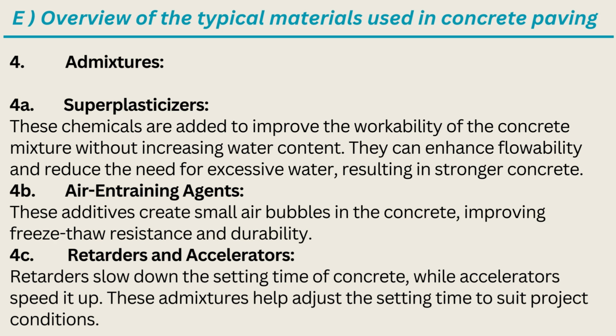They can enhance flowability and reduce the need for excessive water, resulting in stronger concrete. 4B. Air entraining agents. These additives create small air bubbles in the concrete, improving freeze-thaw resistance and durability. 4C. Retarders and accelerators. Retarders slow down the setting time of concrete, while accelerators speed it up. These admixtures help adjust the setting time to suit project conditions.